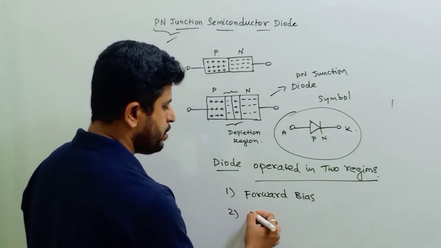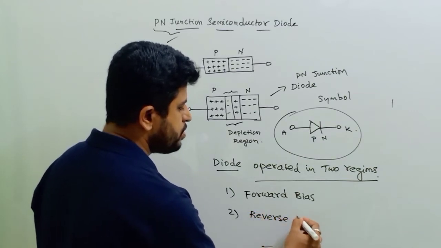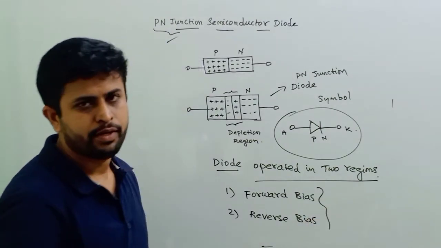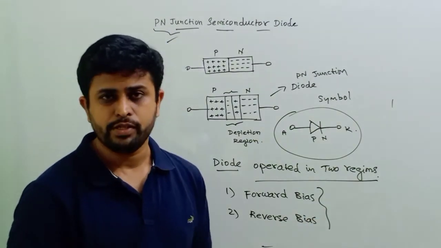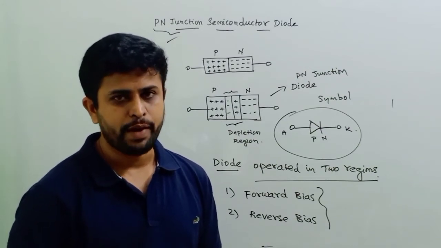Second, reverse bias. That means we can operate a diode in two regions, that is we can forward bias the diode and we can reverse bias the diode.